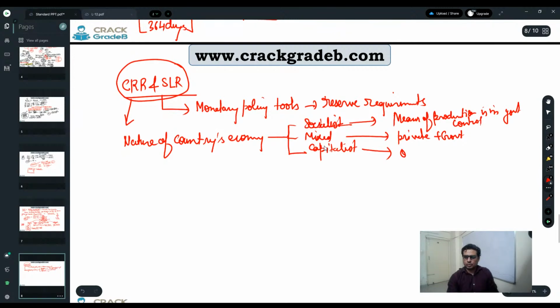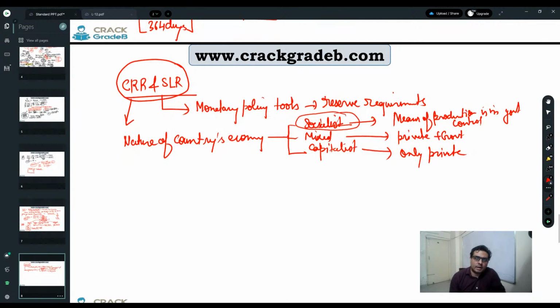Capitalist means only the private sector. So definitely, if the economy is of socialist nature, and under the socialist nature all means of production are under the control of government through its companies, in that case the government needs more funding to run their production activity, and at the same time the government does not want to allow private sector participation.